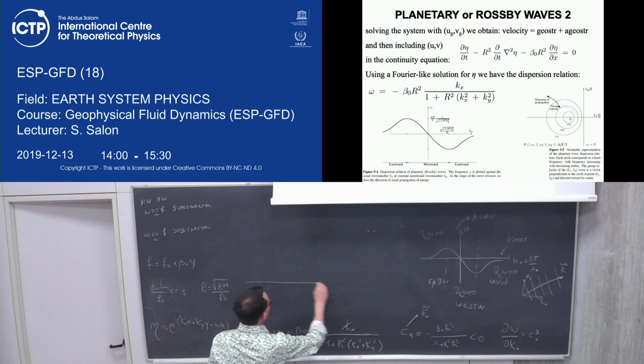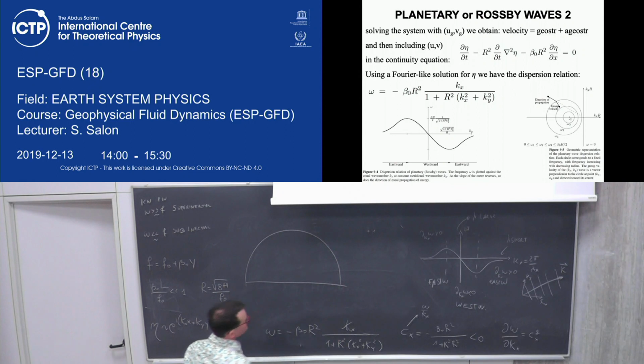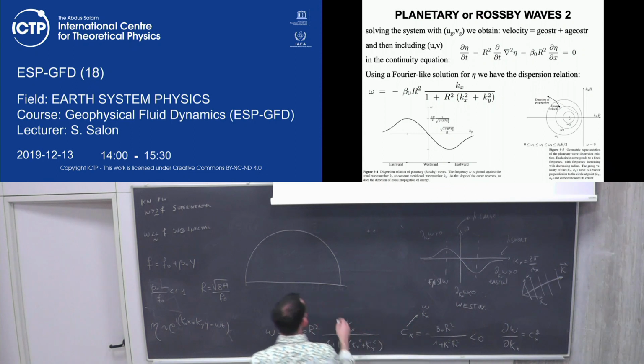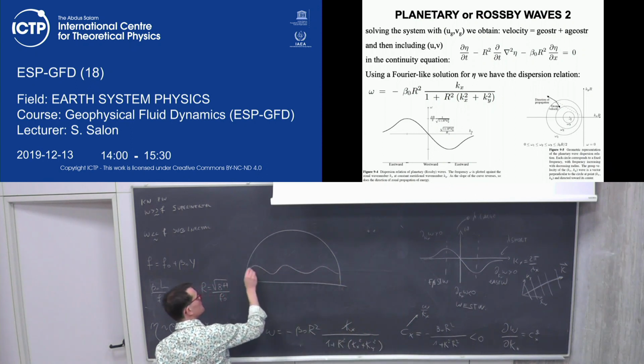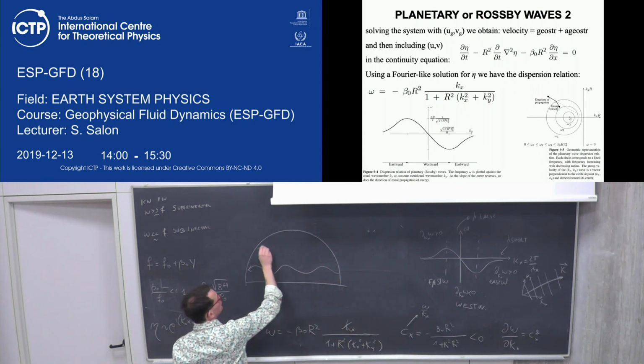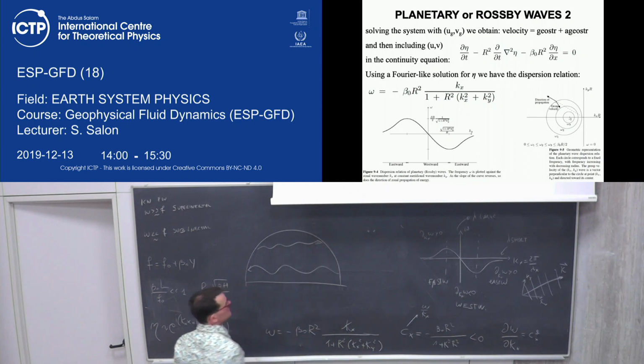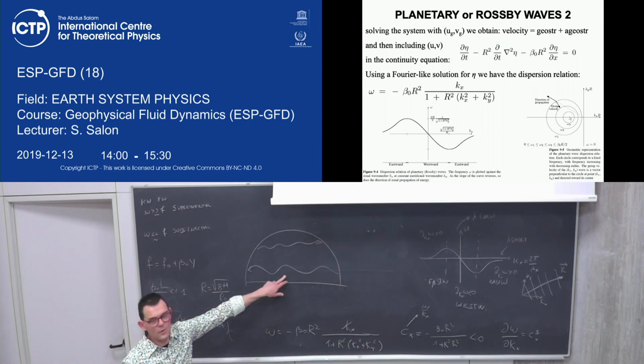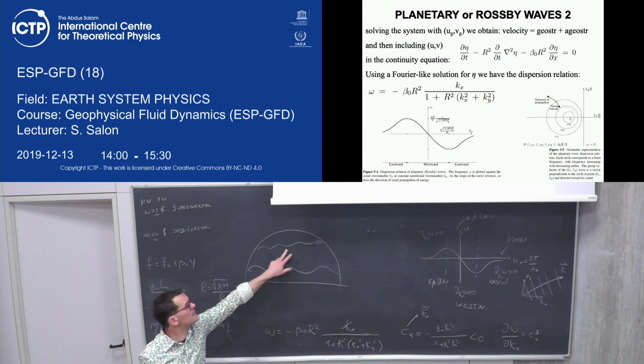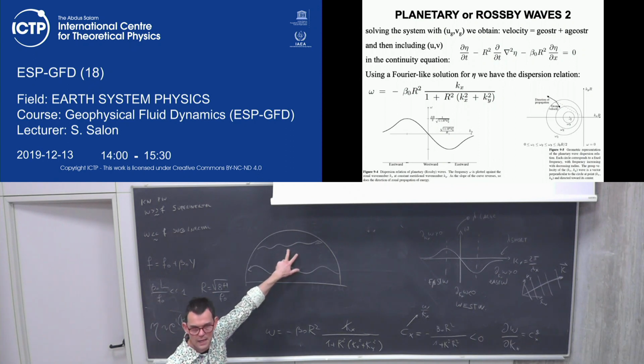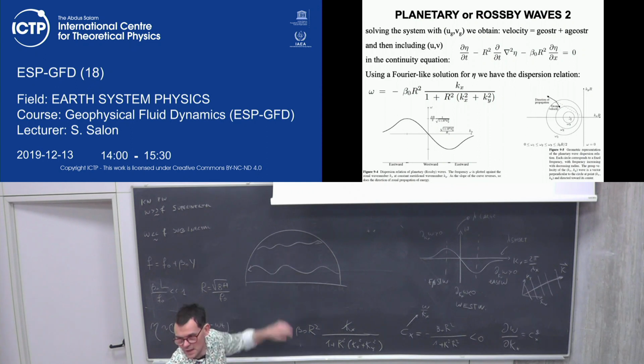If I am in the northern hemisphere, because of the planetary effect, I have that large waves are going westward, and the shorter waves are going eastward. So this is nothing more than the subtropical jet, and this is the polar jet. Okay? So very easily explained.